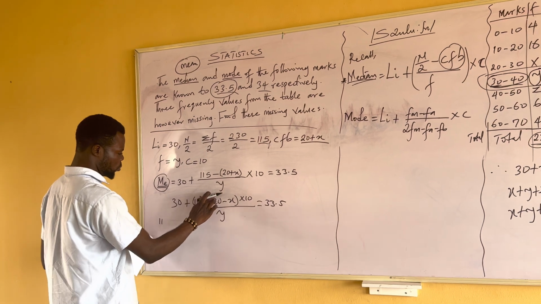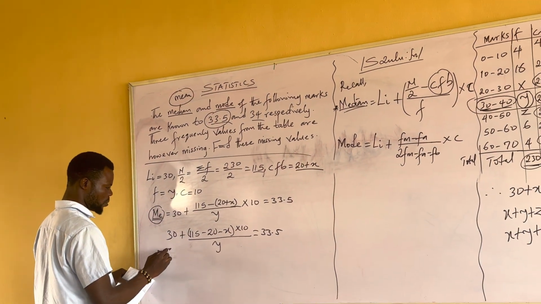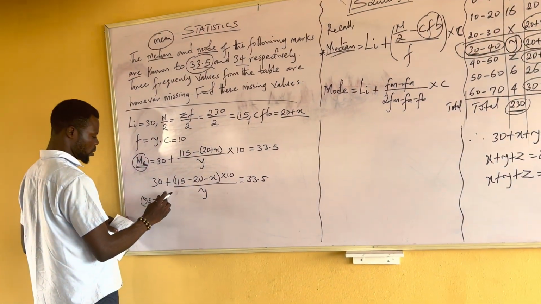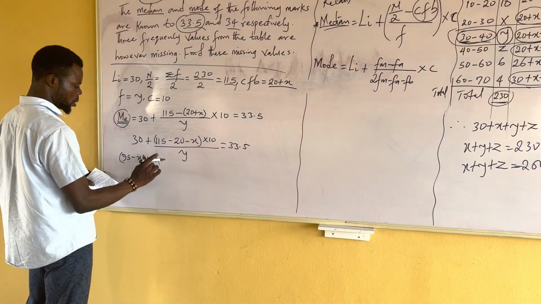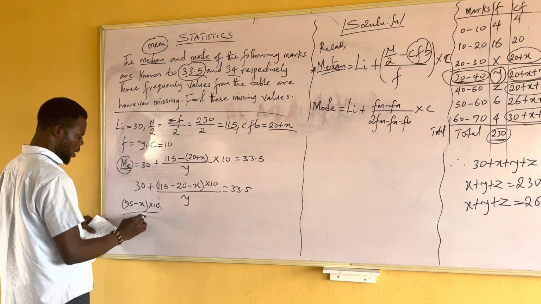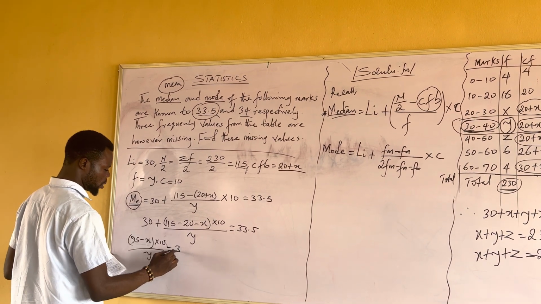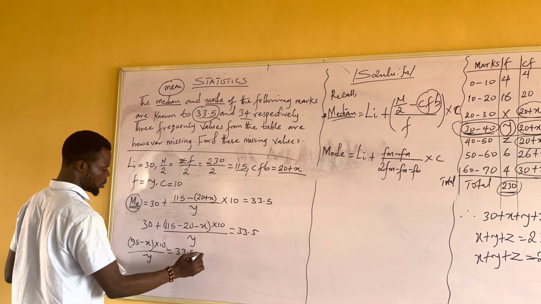So this will be 95 minus x, then times 10, all over y, equal to 33.5. When this comes here, minus 30.